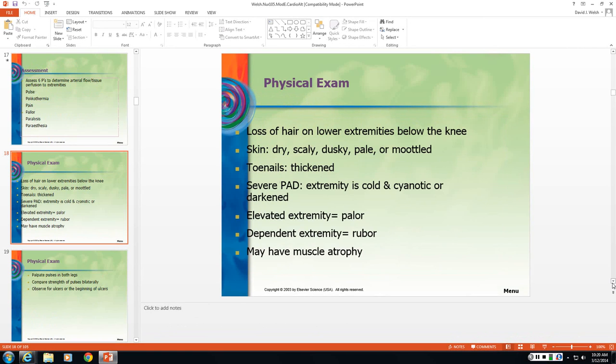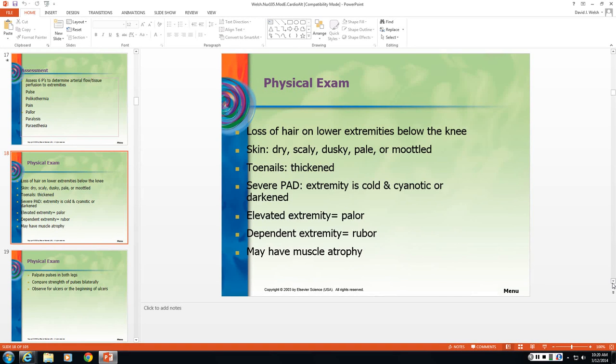So physical exam, like we talked about, there's going to be loss of hair on the lower extremities, usually below the knee. Your skin is going to be dry, scaly, could be dusky, pale, or mottled. It's going to be shiny in appearance. Remember that: loss of hair, shiny in appearance.